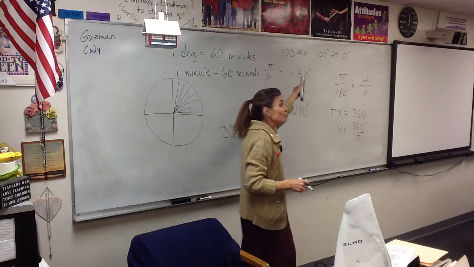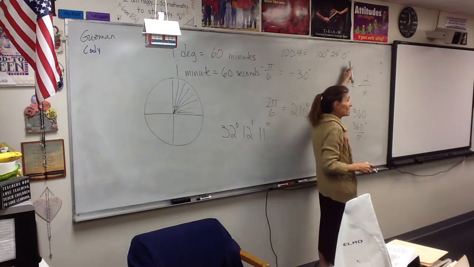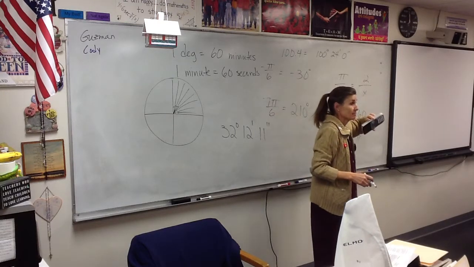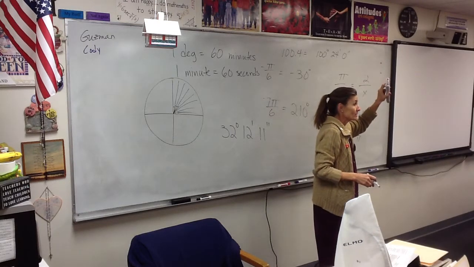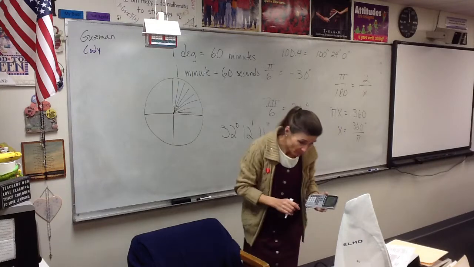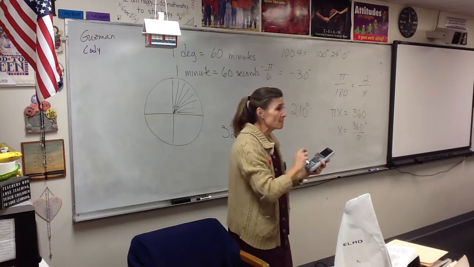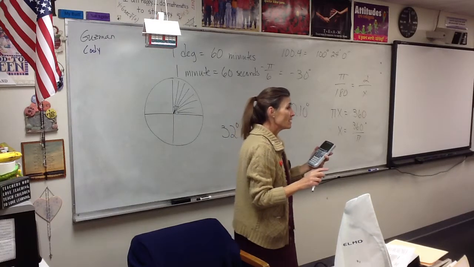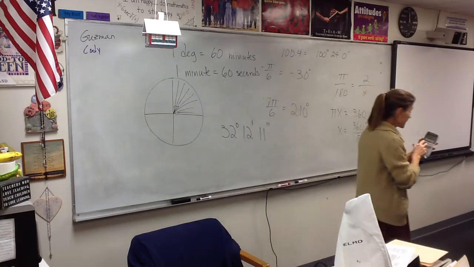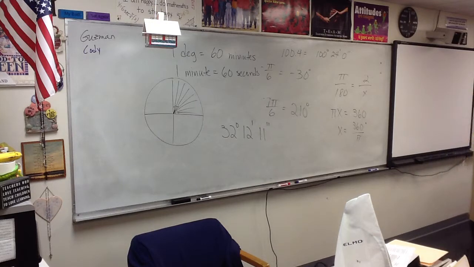Okay, so it says 100 degrees, 24 minutes, 0 seconds. Everybody get that? All right, let's try the next one. 18.375. Just type in the number. Then second angle, and click down to DMS.